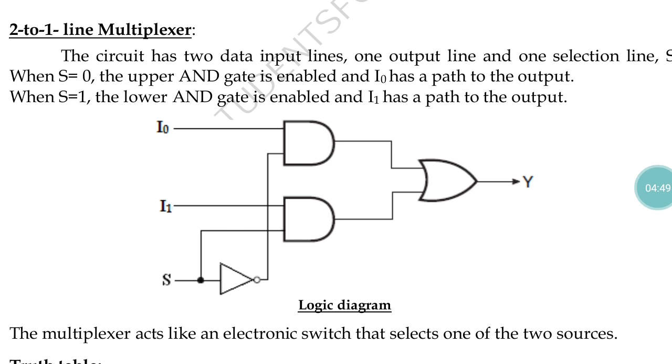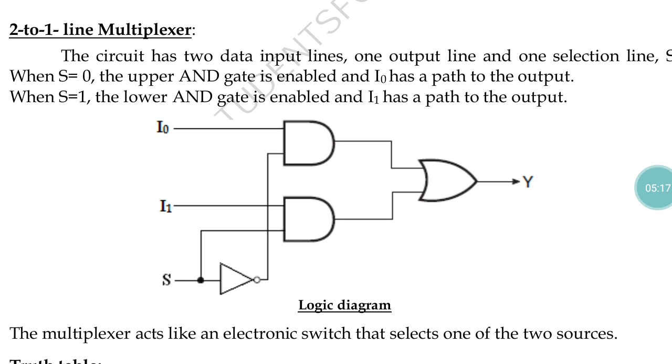The control signal may be 0 or 1. If the control signal S equals 0, then I0 will be connected to the output. If I1 is to be connected to the output, then S will be 1.